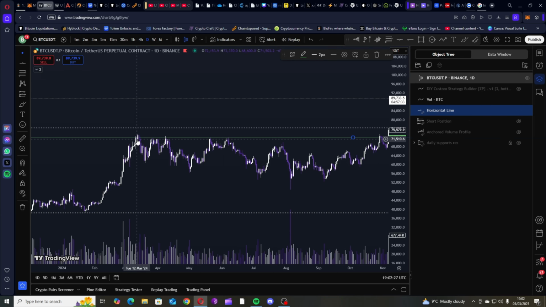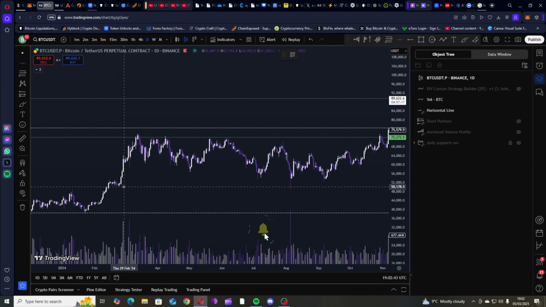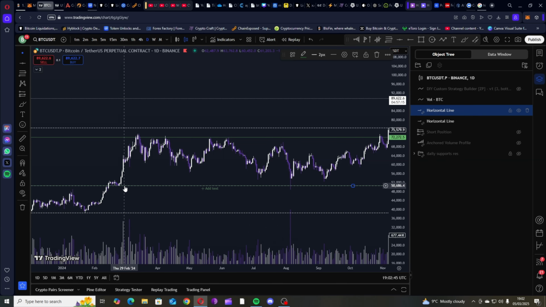Yeah, 1, 2, 3, 4, 5. 5 touches in that zone. That is a clear area where people are willing to sell. Okay? We have a little consolidation here as well. So we'll mark out the lower part of that consolidation there. We'll mark out the higher part of that consolidation there.